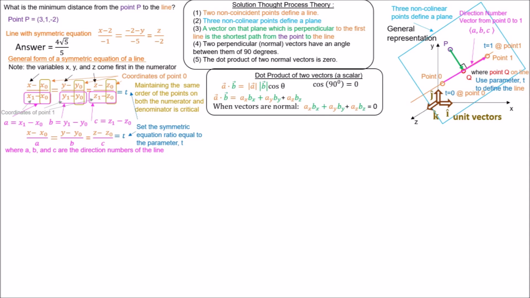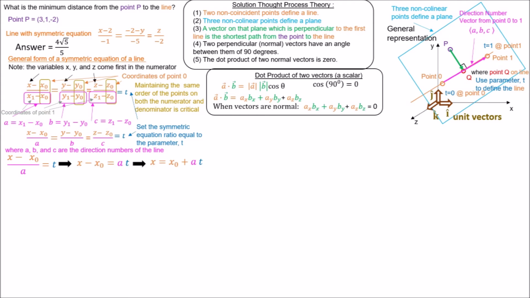You can see in the equation we have actually three equations, because we have an equation involving the x coordinates equal to t. If I just focus on that one alone, it's x minus x0, the x coordinate of this P0 point, over the direction number A, equal to t. So that's one of the three equations.